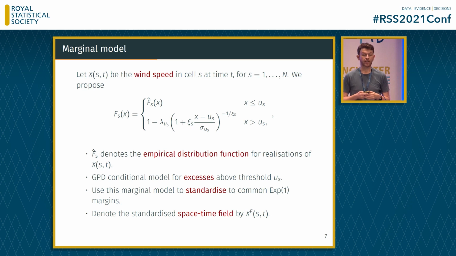There's asymptotic motivation for this that's linked to extreme value analysis. It's a pretty common approach for modeling extremes. And we then use this marginal model to standardize to common exponential margins, and we focus on the resulting standardized space-time field.